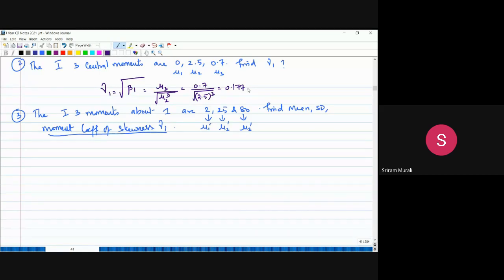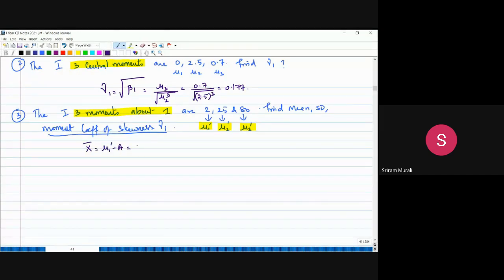So you are given the first three moments about 1. This is a raw moment, mu1 dash, mu2 dash, mu3 dash, which are given. We want to find the mean, SD and the moment coefficient of skewness gamma 1. What is the formula to compute the mean? Yesterday I said mu1 dash plus a.